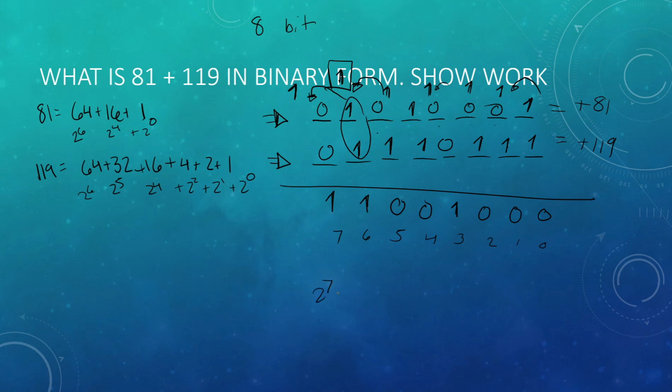So 2 to the 7 plus 2 to the 6 plus 2 to the 3. Alright, we are left with 128 plus 64 plus 8. And that is 200.